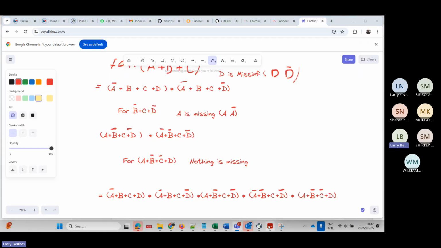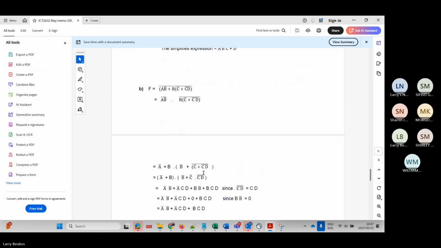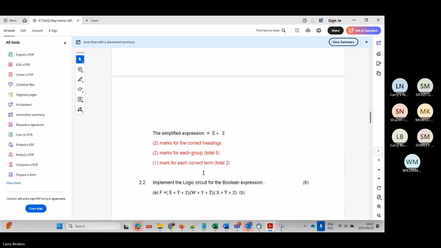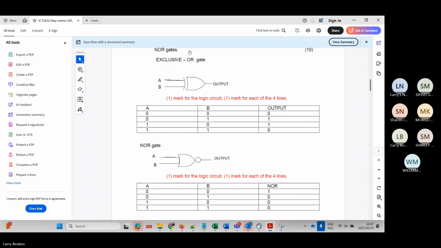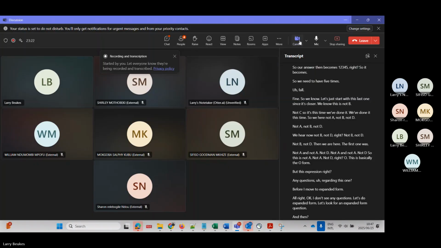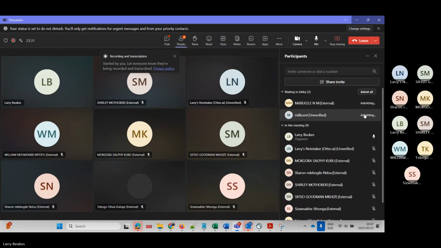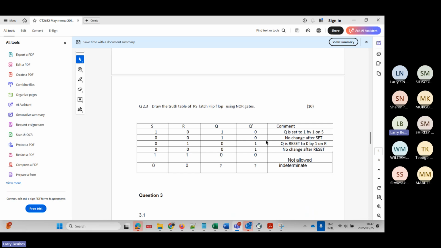Let's look for an expanded form question.